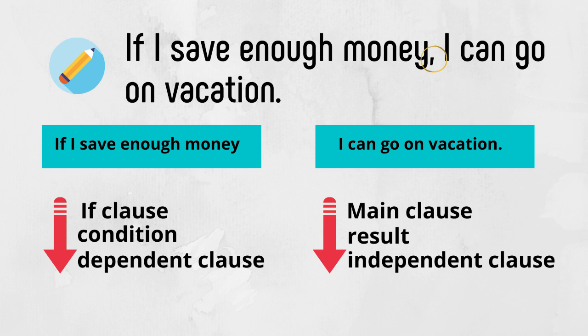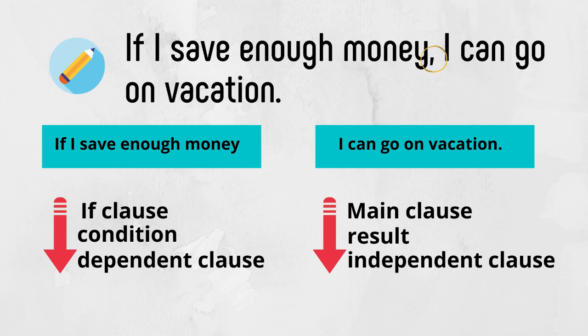Let's have another example. If I save enough money, I can go on vacation. The if clause, if I save enough money, is the dependent clause that shows the condition. The main clause, I can go on vacation, is the independent clause that shows the result. Can you try transposing the sentence?